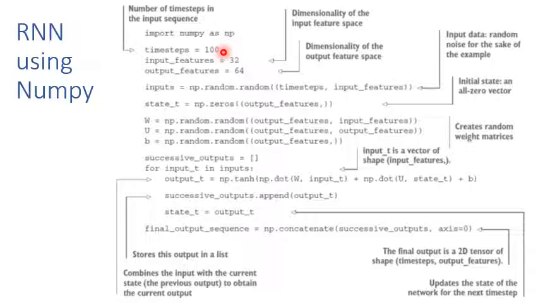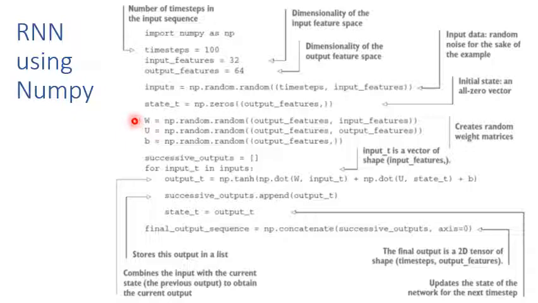Here it is 100, and the dimension of input features, which is 32, and the dimension of output features, which is 64. Then we randomly initialize the parameters in the input data tensor and the weight matrix.